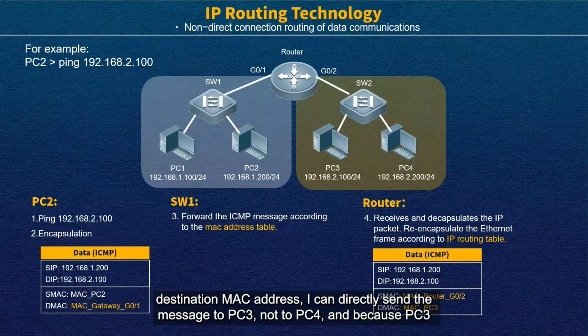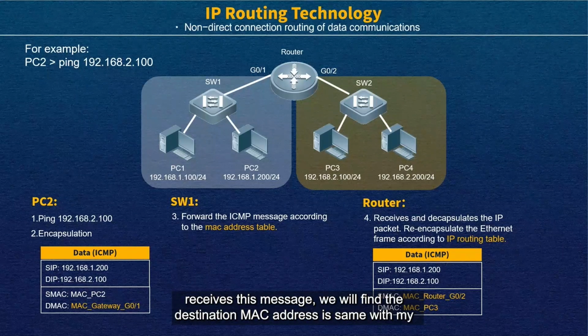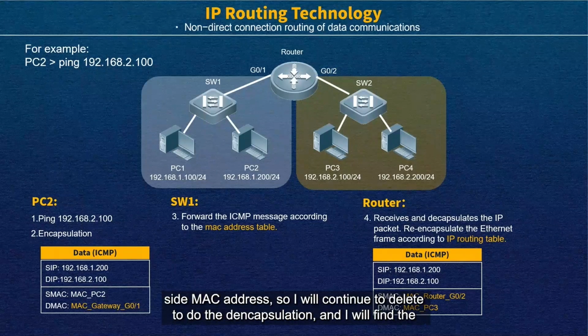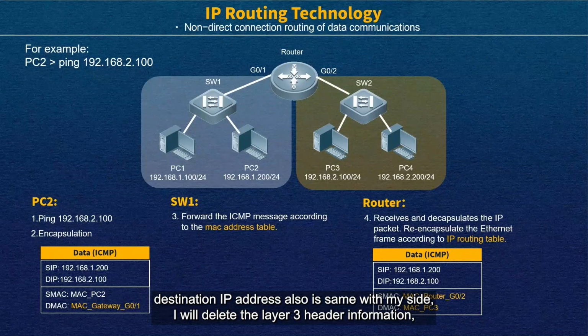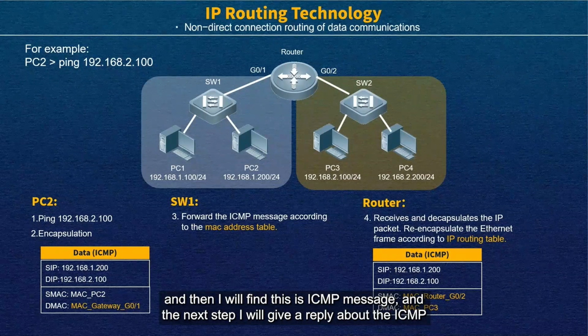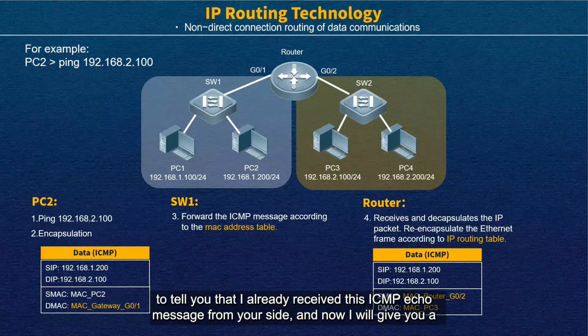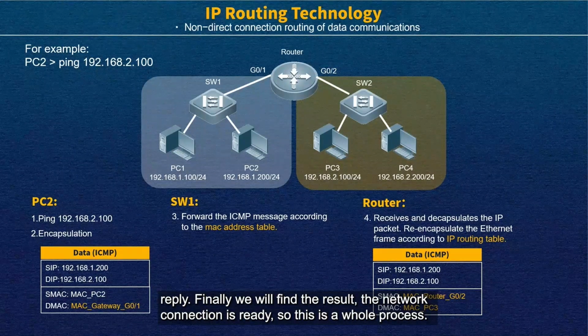When PC3 receives this message, it finds the destination MAC address is the same as its own MAC address, so it continues with de-encapsulation. It finds the destination IP address is also the same as its own. It removes the layer 3 header, finds this is an ICMP message, and the next step is to give an ICMP reply to tell you that it already received the ICMP echo message from your side. Finally, we will find the result: the network connection is ready. So this is the whole process.